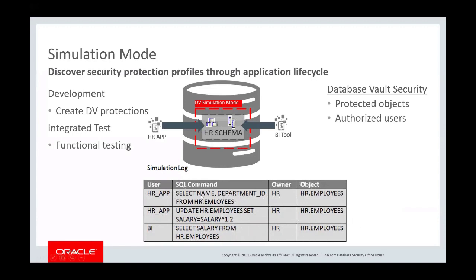When you take a look at that, you'll find different applications in a simulation log that need access to it during the integrated testing, the functional testing. HR app obviously needs access to the HR data, so that makes sense from the user. BI tool, that's something that may have missed the initial analysis, saying, okay, well, the BI tool also accesses that information.